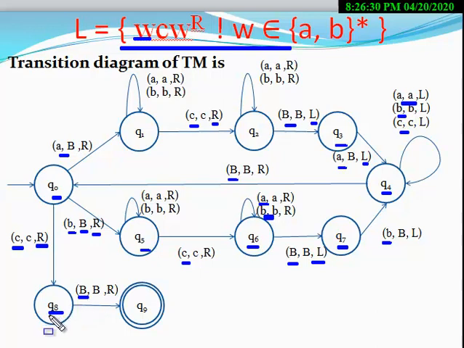If at state Q8 either small a or small b appears, the machine does not enter the final state because some input string remains after C. Therefore the string is not of this form. When at state Q8 the tape symbol capital B appears, the machine goes to the final state.